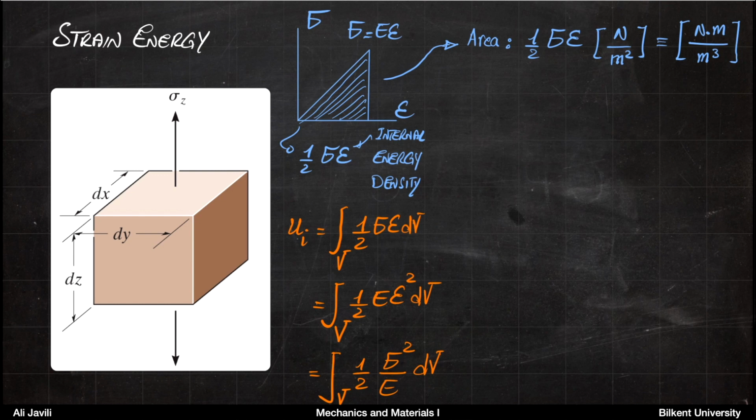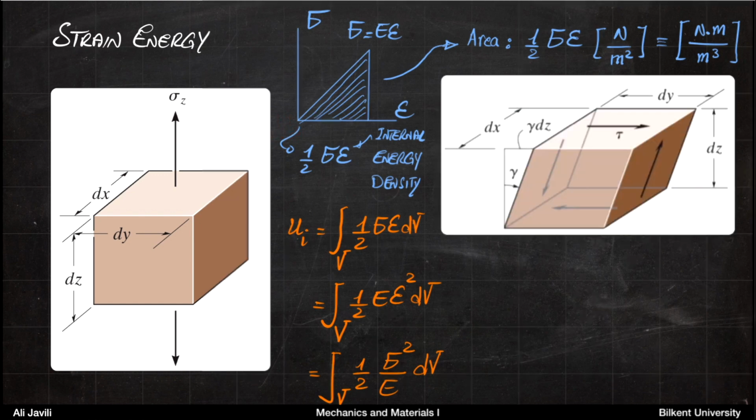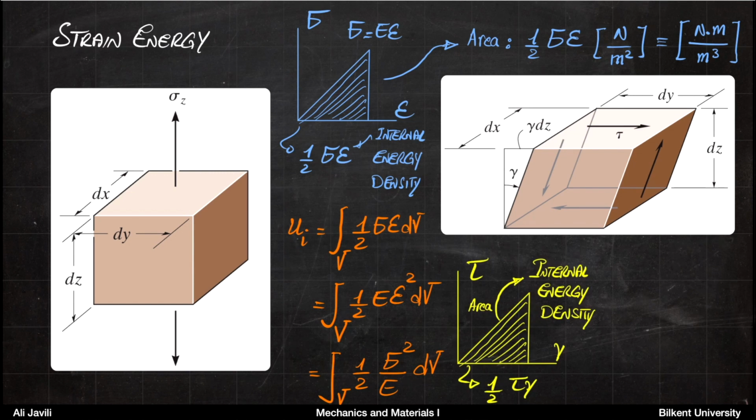Now we can ask ourselves, well, it's good, but this is only for normal stress-strain relationship. How about a shear problem? So if you look at the shear problem, like this one now, you can play exactly the same game. So you draw the stress-strain diagram, but now it's for shear stress, shear strain. But then again, the same idea holds.